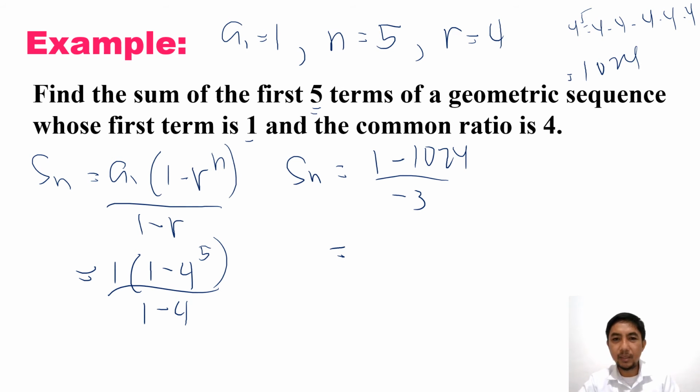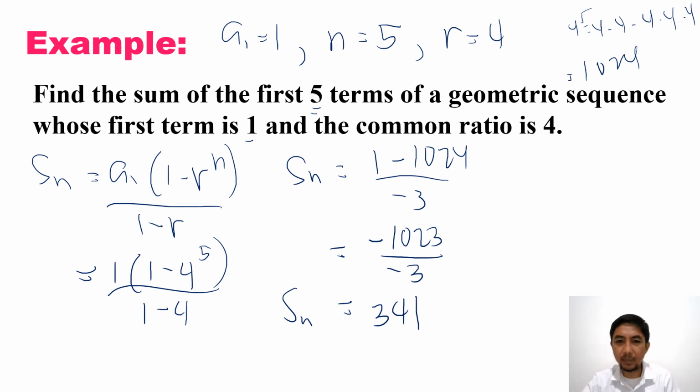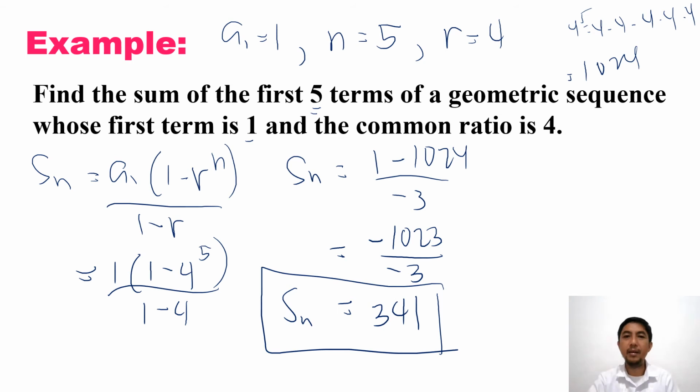So it will give us negative 1023 divided by negative 3, and that will give us 341. So final answer natin is 341 for this particular problem.